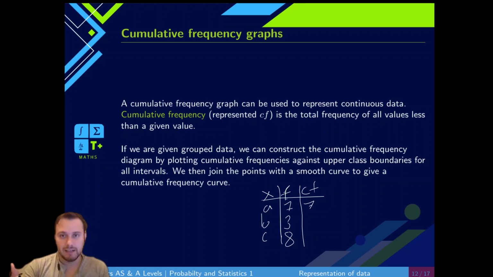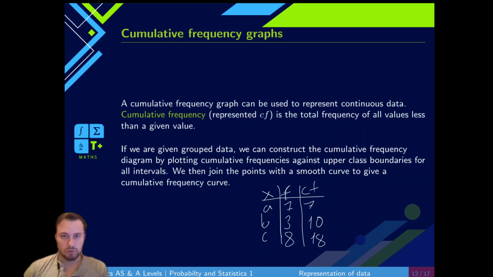Now, when we move on to b, we're going to consider frequency up to this point, so we add this 3 to the 7. 3 plus 7 gives us 10. And then for c, we again add the values. We have 10 up to here, and now we add 8 and end with 18.